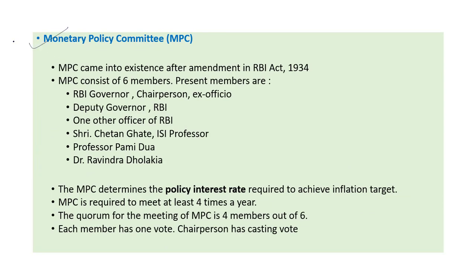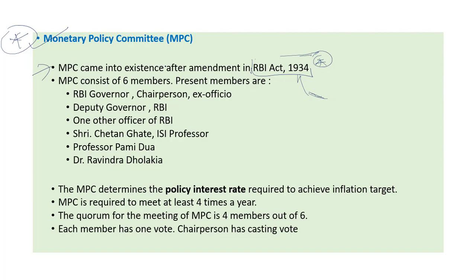Now the Monetary Policy Committee, very important guys. The Monetary Policy Committee came into existence after an amendment in the RBI Act 1934. So RBI works according to the RBI Act 1934. So this act is very important. And the Reserve Bank of India came into existence through this act only. The Monetary Policy Committee consists of 6 members.